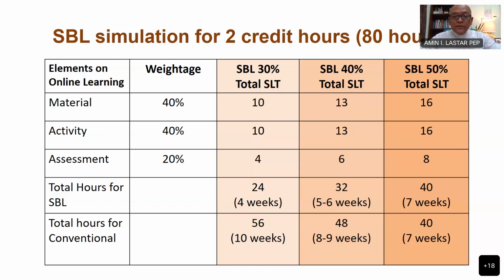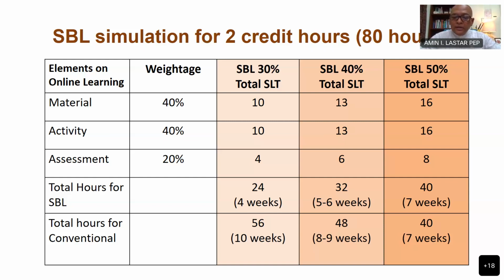Right, so for 30% on the 2 credit hour courses, your teaching learning material is only 10 hours, and 10 hours for the activity and 4 hours for the assessment, which is equal to 24 hours of learning time.